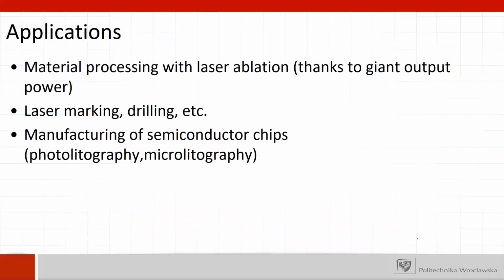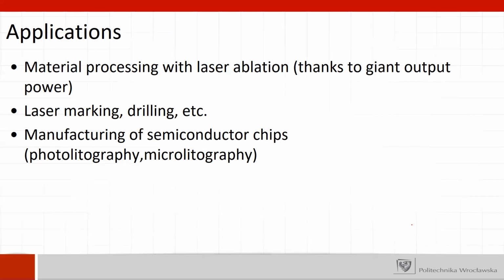The applications of excimer lasers include mostly materials processing with laser ablation. This is because of the very high power and high energy of the light, since this is UV. We can induce laser ablation, so evaporation of the material as a result of interaction between the light and the material. Excimers are used for processing of, for example, semiconductors and other types of materials.